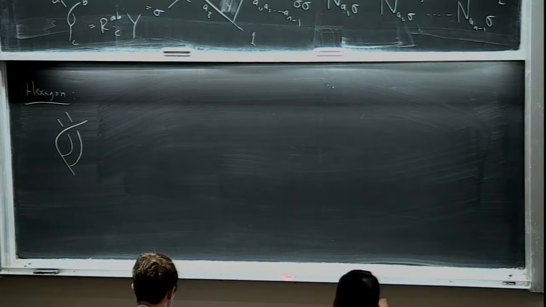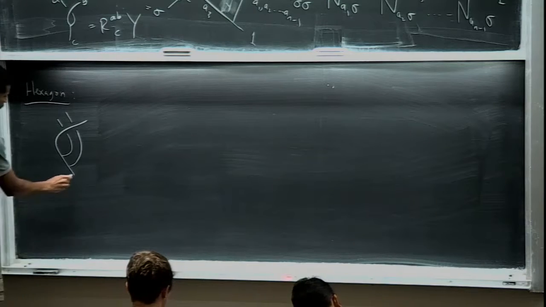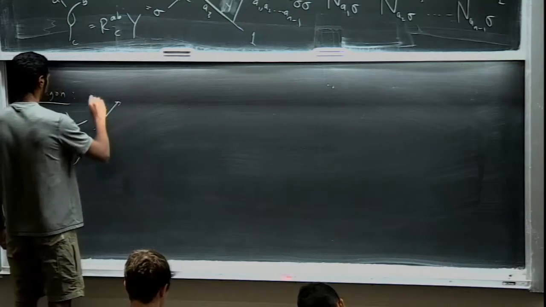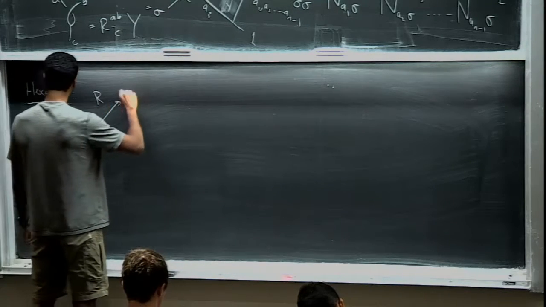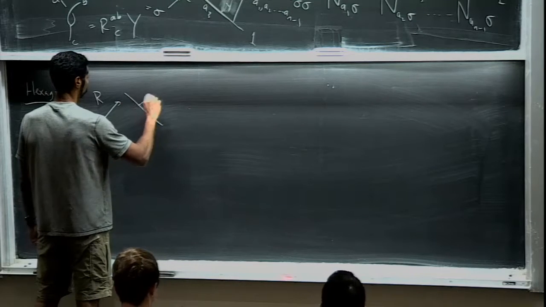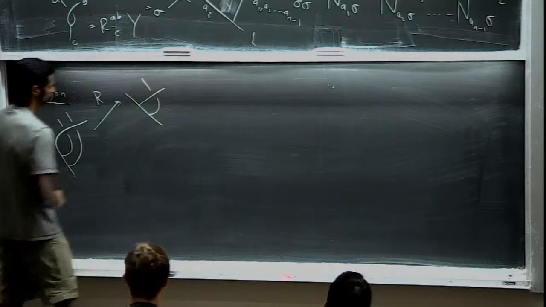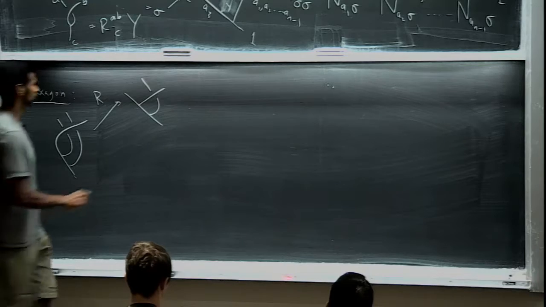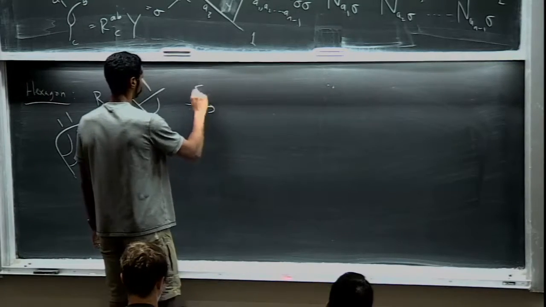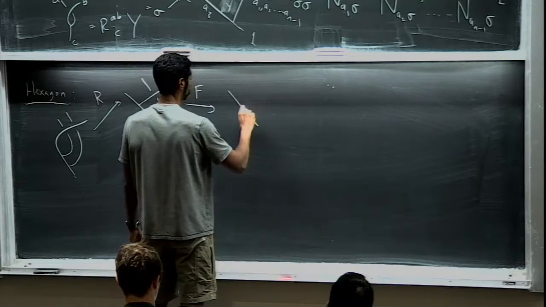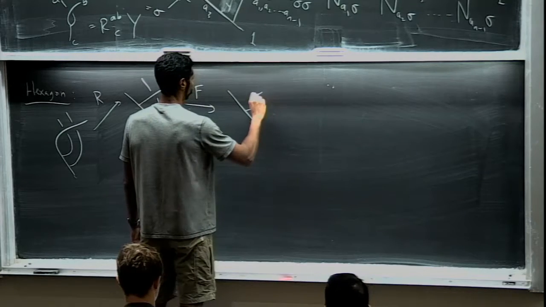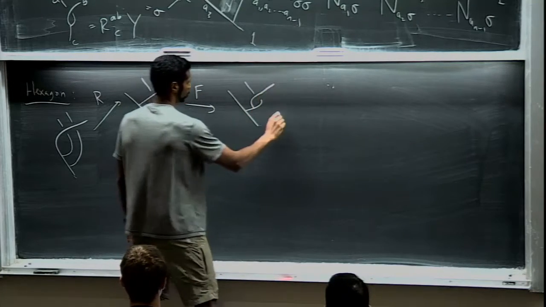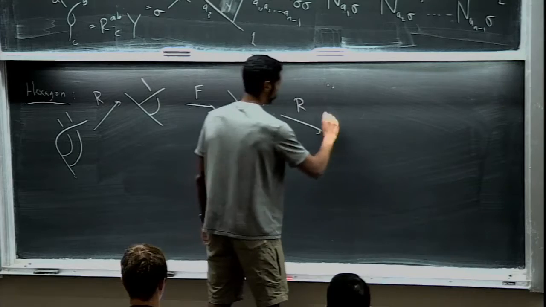So if we start with such a basis, apply an R move, we get this. Then do F. And then R again.